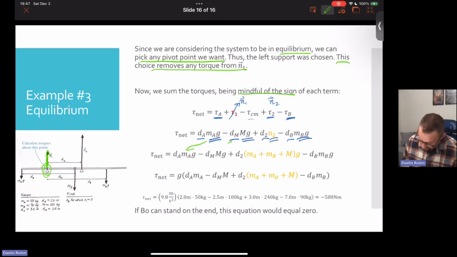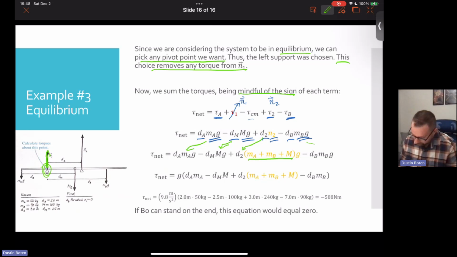Everything else is just going to come along for the ride. This comes down, this comes down. Our lever arm, or our moment arm, comes down. But now remember, the normal force is going to be the total mass acting on this support times gravity. So we have the mass of all three objects, Adrian, Bo, and the mass of the plank. That's all wrapped up in the normal force, and that's also multiplied by gravity.